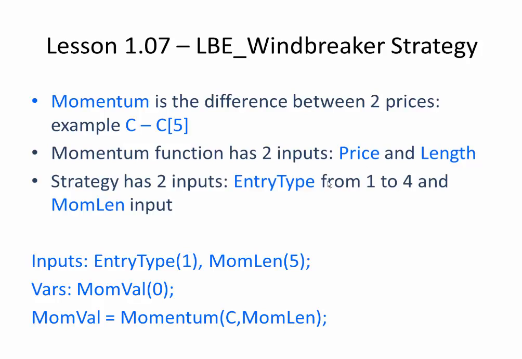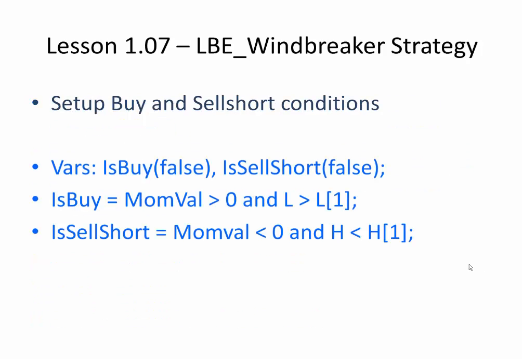Here is our code down here for the inputs, the variable, and the momentum val, which is the momentum as described up above. We have our entry type and momentum length. Momentum val will store the momentum of 5 bars, and it is an input that we can change.